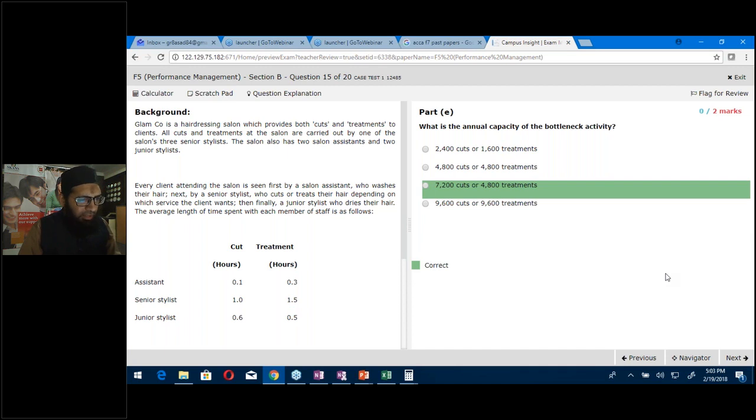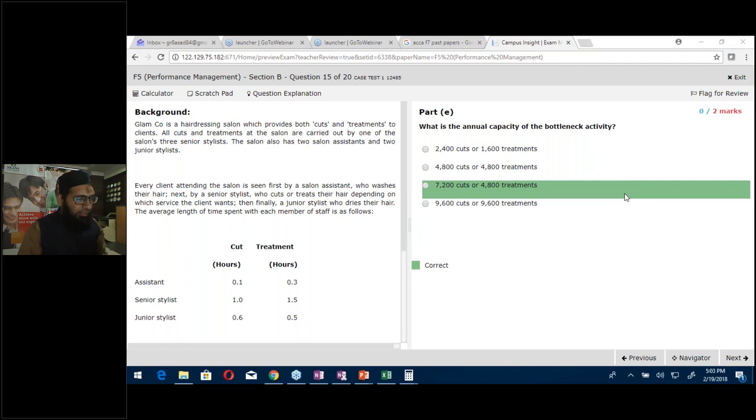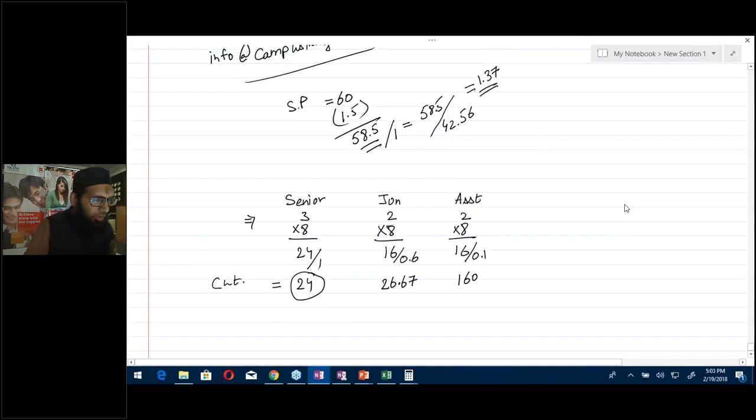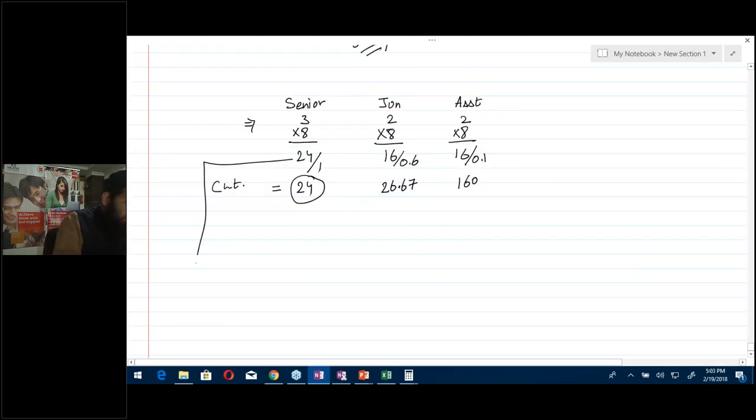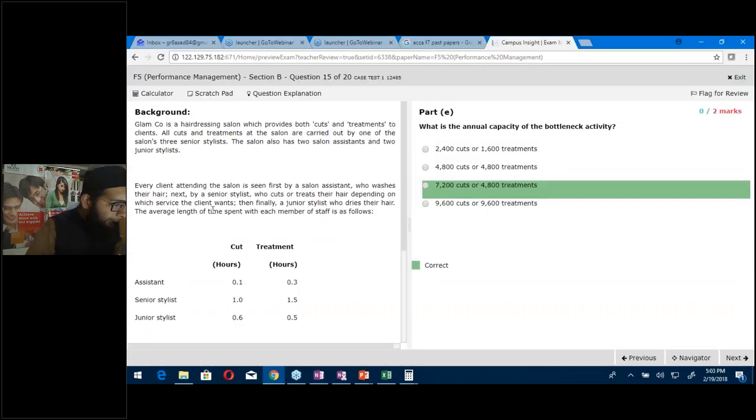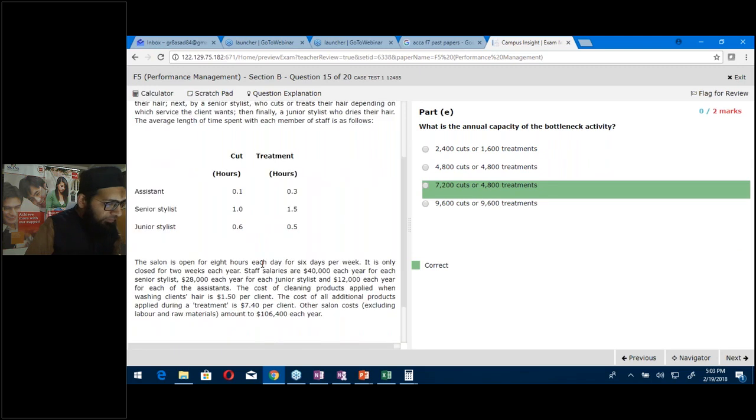And in part E, we have been asked what is the annual capacity of the bottleneck activity? So it is 7,200 for cuts and 4,800 for treatment. How did we calculate it? So we have 24 hours each day, and we have been told that there are 6 days per week.